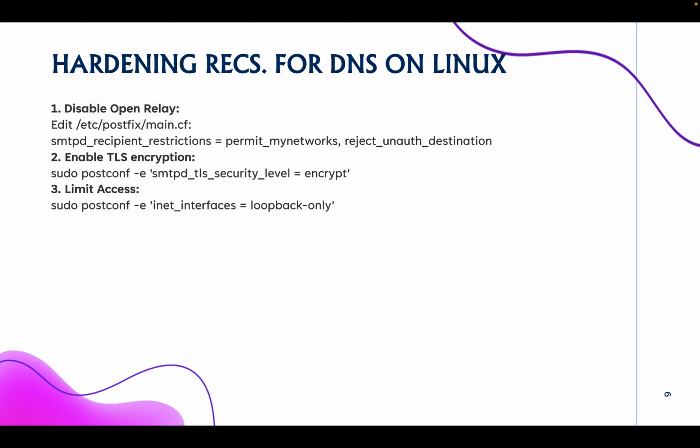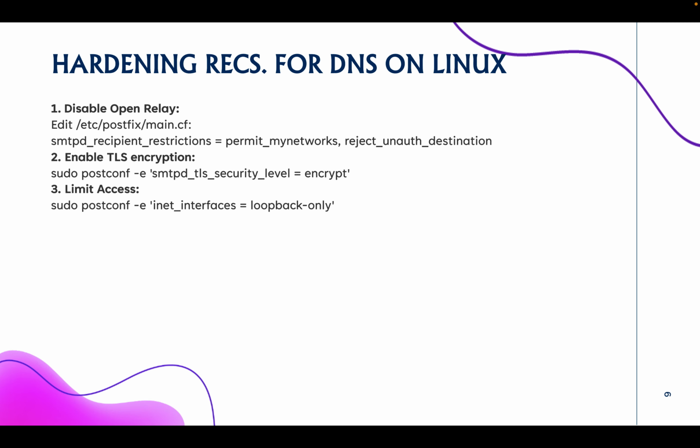So hardening recommendations for DNS on Linux. For one, we would disable open relay. To do that, we would edit the etc postfix folder and have the smtpd_recipient_restrictions equal permit_mynetworks and reject_unauth_destination. Then, similar to a lot of our other hardening recommendations, we would enable TLS encryption.